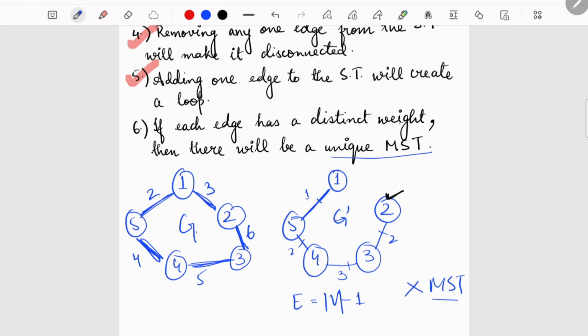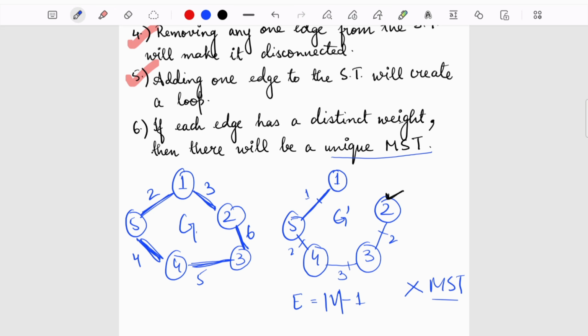Then there has to be a unique minimum spanning tree. There can be multiple spanning trees, but there will be only one with the least cost, and that particular spanning tree will be your minimum spanning tree. I hope these properties are clear to you.